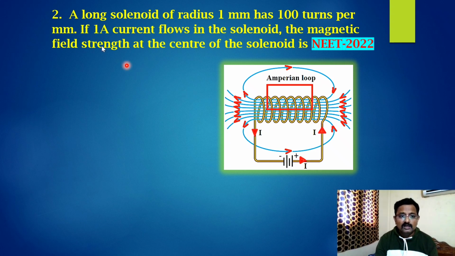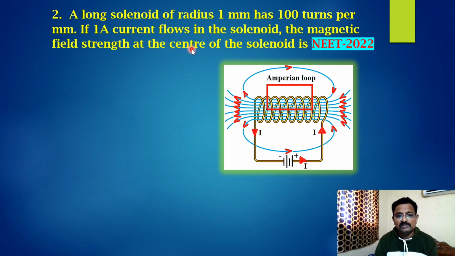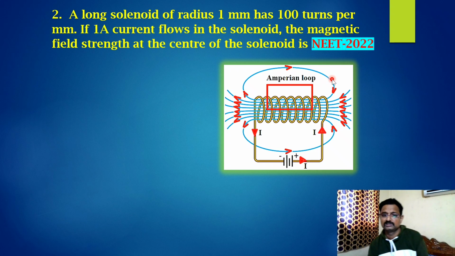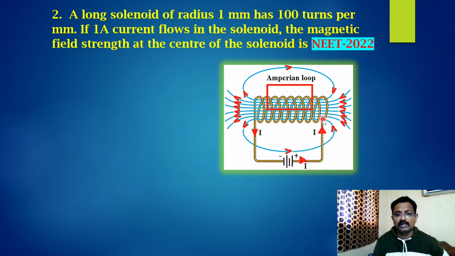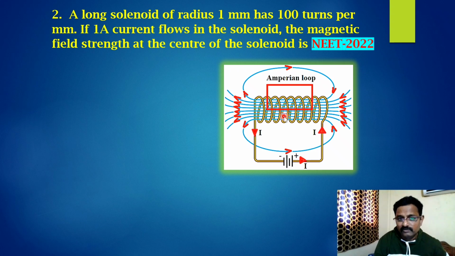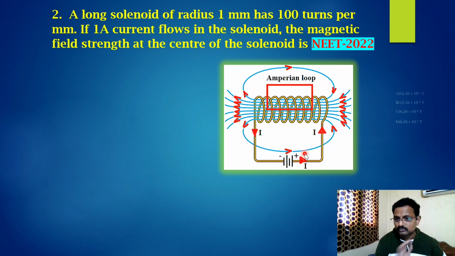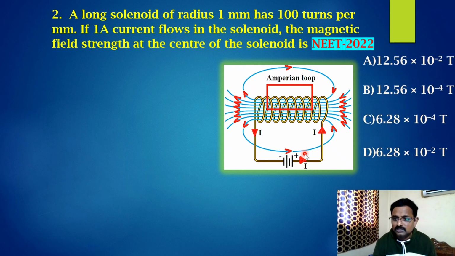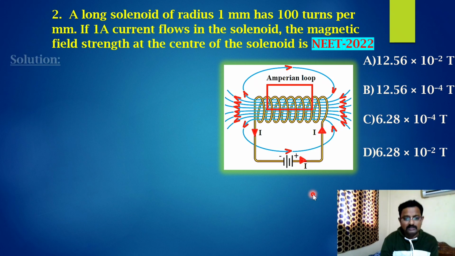If 1 ampere current flows in the solenoid, the magnetic field strength at the center of the solenoid is. So we have to find, if 1 ampere current is flowing through this solenoid, what is the magnetic field at its center? It was given in NEET 2022. So here are the options, from these options we have to identify the correct answer.